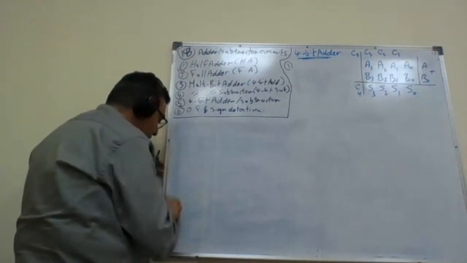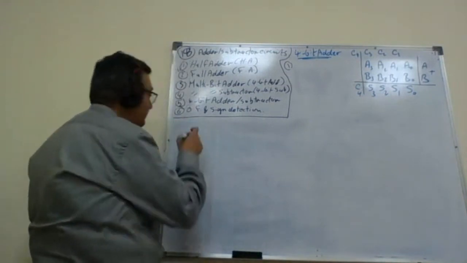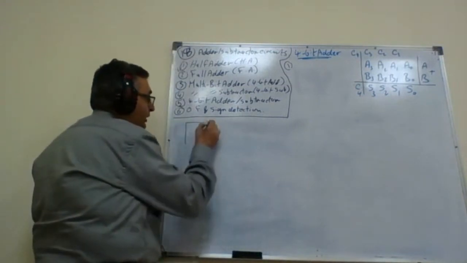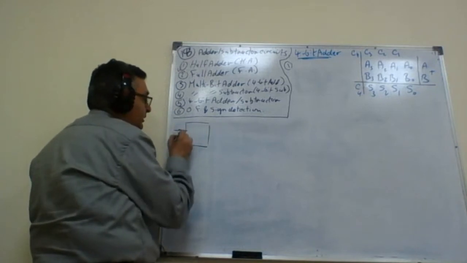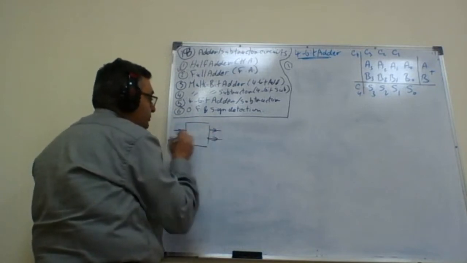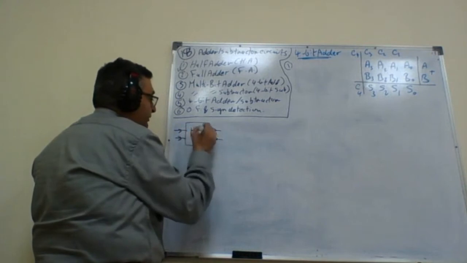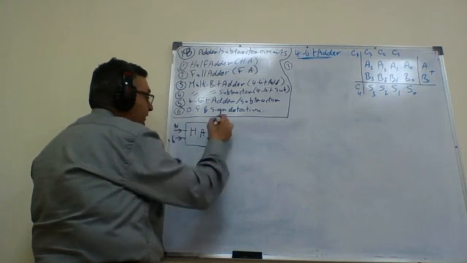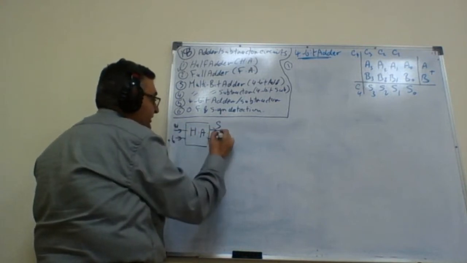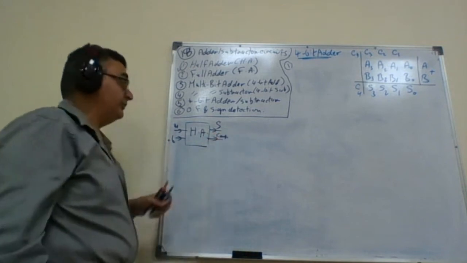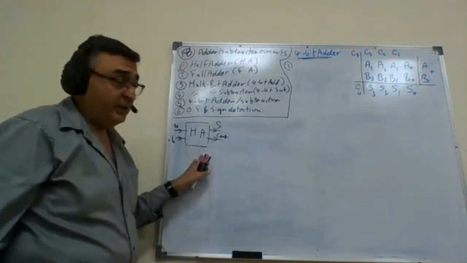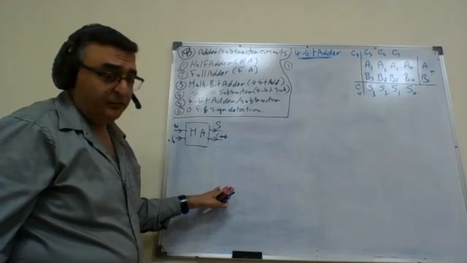You want to recall it. It's a block that has 2 inputs and 2 outputs, called the half adder. It's adding A to B and gives S and C out as output. This is the block that we already built before.